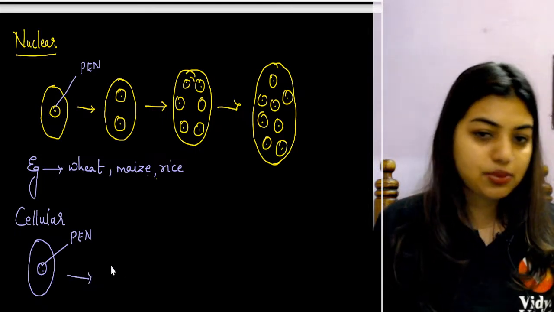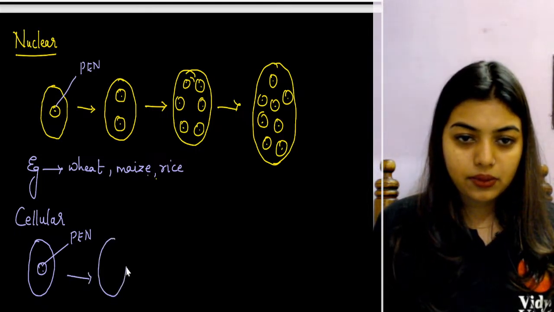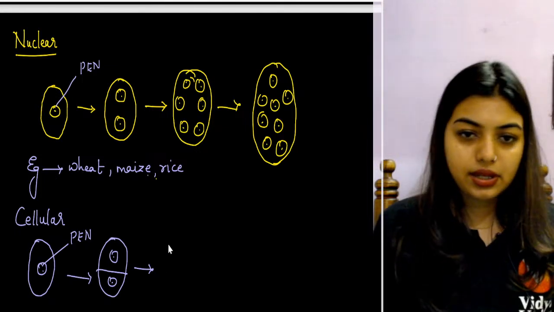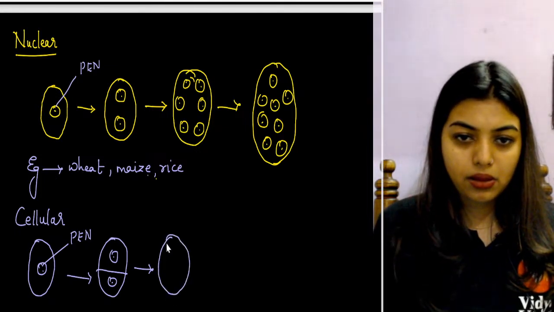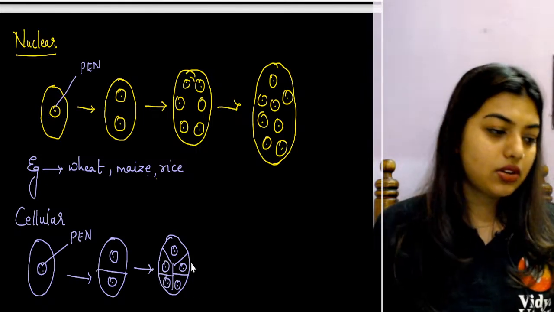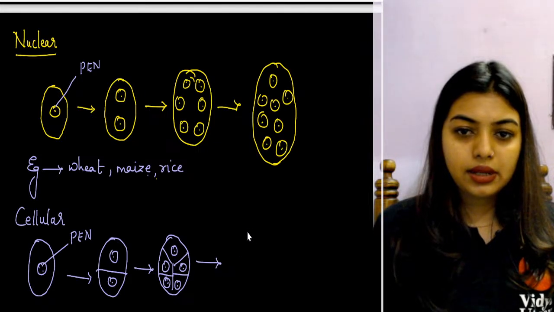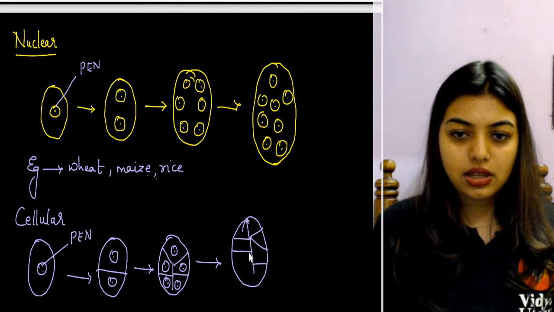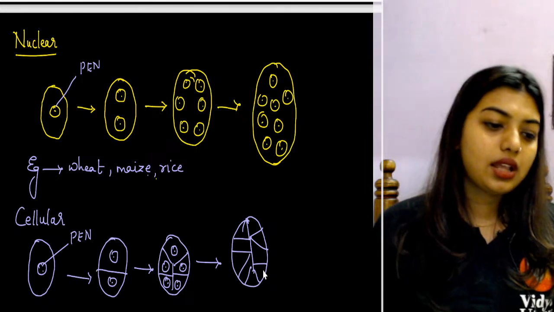Zygote we haven't spoken about. Like this, in the endosperm, cellular division is going to happen. Division will continuously happen, and this is going to happen.